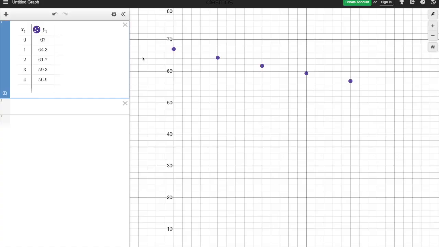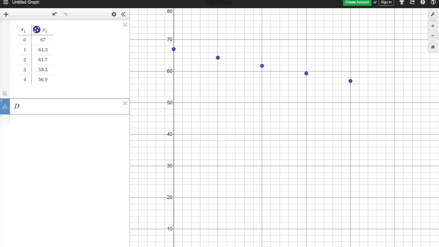Let's take a brief look at our exponential model before we move on to the other parts of the example. So I've already opened Desmos and graphed our data, and here it is in purple. We can see it's sloping gently downwards. And over the top of the data, I want to graph our exponential model.